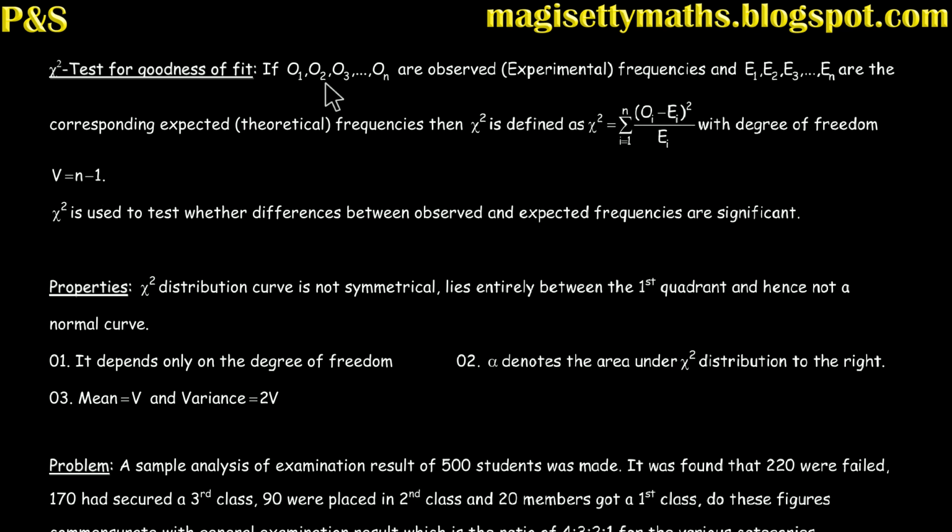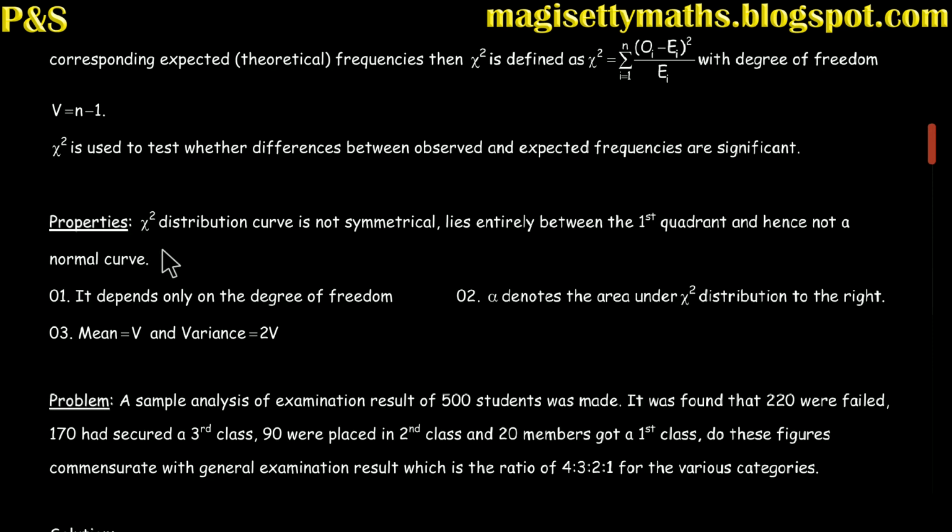Here Oi are observed frequencies and Ei are expected frequencies. The chi-square distribution is used to test whether there is any significant difference between observed and expected frequencies.